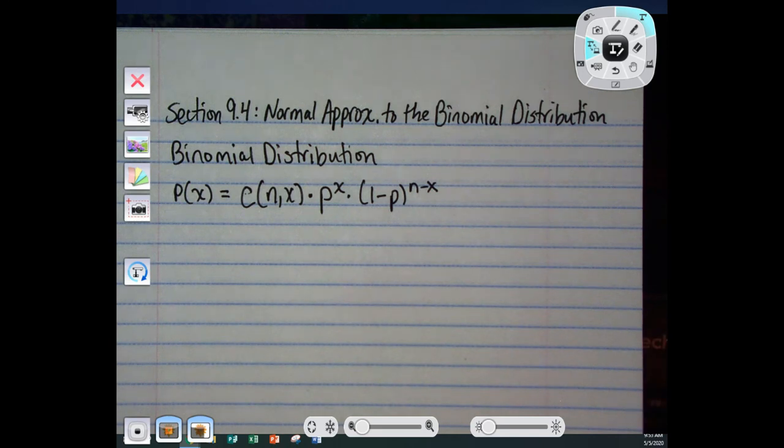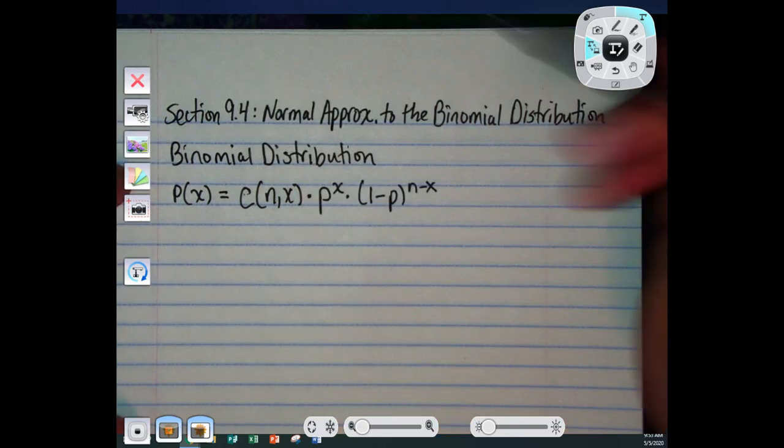But with the binomial distribution, just like any other distribution, it would also be helpful for us to have the mean and the standard deviation. Well, earlier in this chapter, when we talked about expected values for binomial distributions, we determined that the expected value of x for a binomial distribution was the number of trials times the probability of success. And we also referred to this as mu, as the mean.